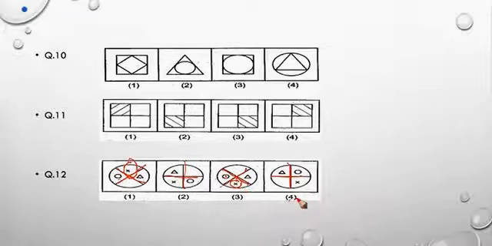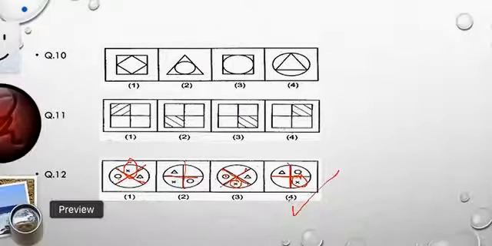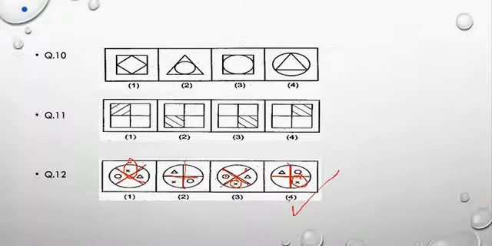But in case of problem figure 4, the position of the cross sign is not in the middle. The middle position is given to the circle. So this problem figure 4 is standing out as an odd man out in case of question number 12. So the answer to question number 12 is 4.